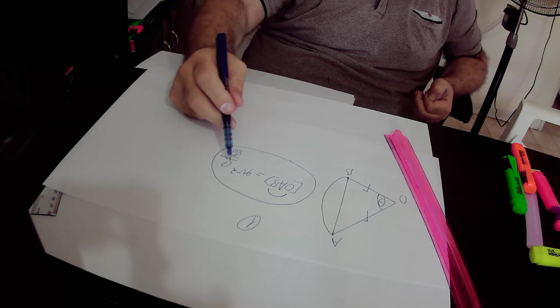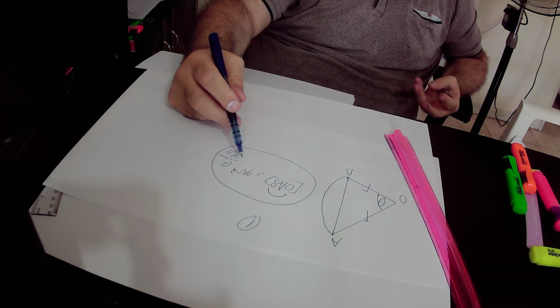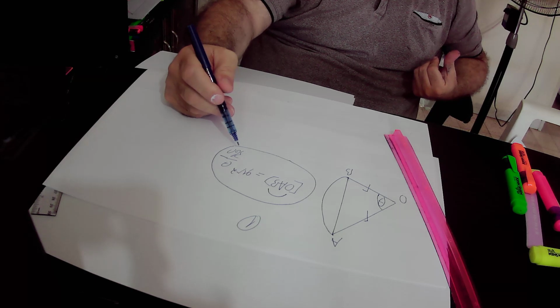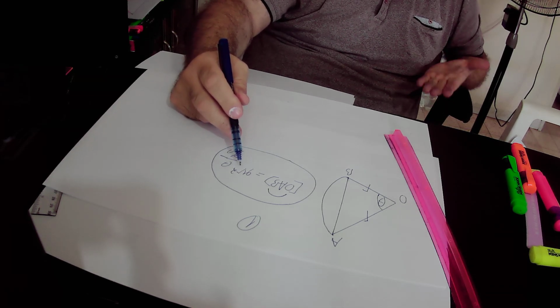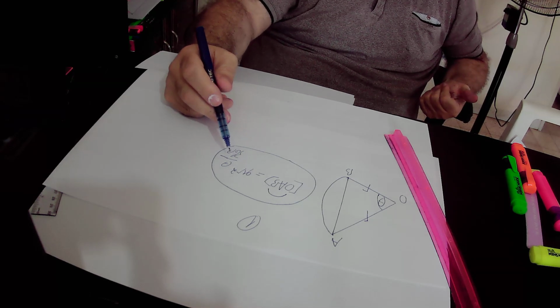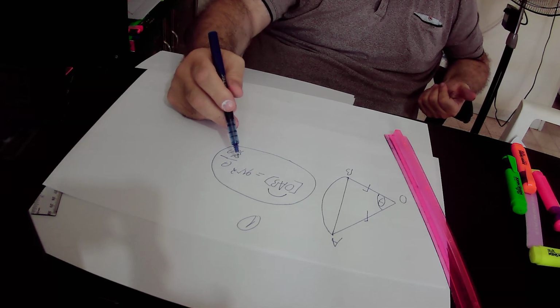So the relative percentage that the sector occupies out of the entire circle times the area of the entire circle, pi r squared, is equal to the area of sector AOB.